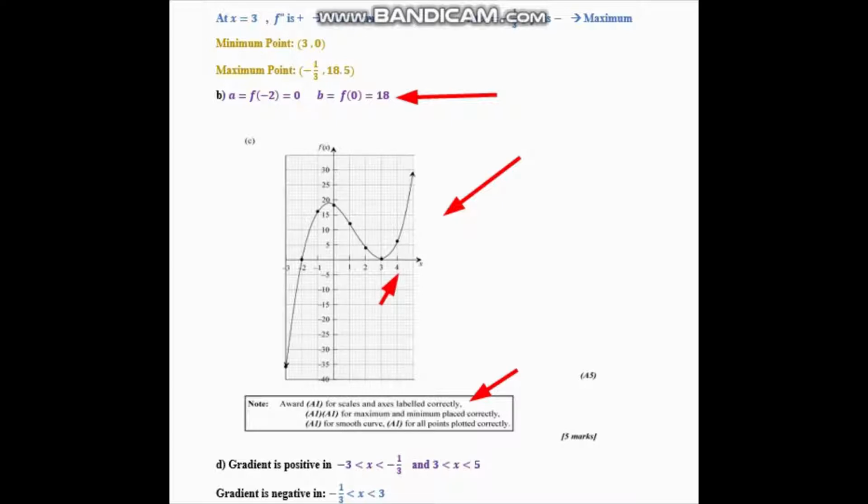You have 2 marks for placing the minimum and the maximum values correctly. So there is your maximum at x equals -1/3 and 18.5, and your minimum at 3, 0. And a mark for a smooth curve, which has to do with the quality of your drawing, and a mark for all the points plotted correctly.